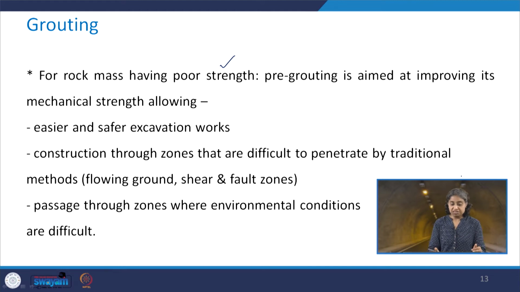So what happens because of the pre-grouting? Basically this allows easier and safer excavation works, because the rock had poor strength, and upon pre-grouting its strength typically increases, and therefore excavation work becomes easier and safer.